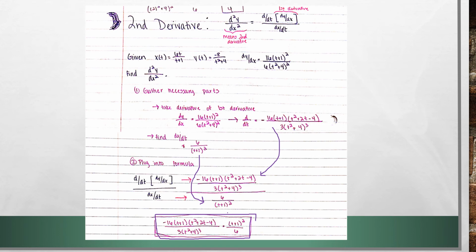And then we multiply that by the reciprocal of the second fraction right here, which means it's times (t + 1) squared divided by 6. And since this is a free response question, we don't have to simplify any further because it saves time just to leave it as is.